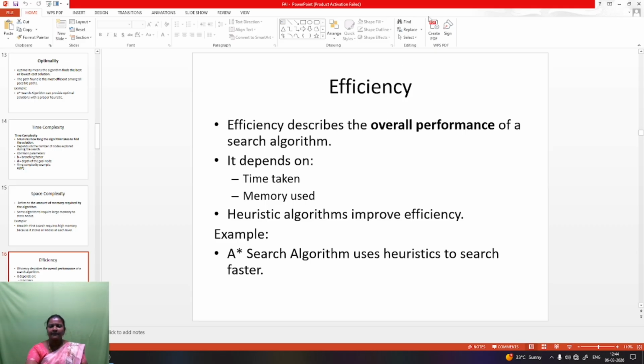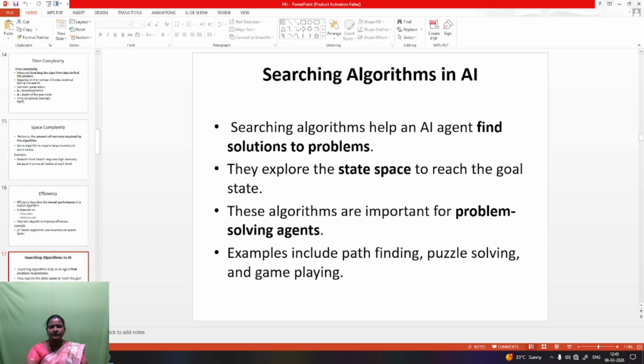Heuristics is a function. We denote it as f of n. It indicates the path cost from node n to the goal node. The algorithm chooses the least heuristic path to search the goal. So heuristics are used to search faster.